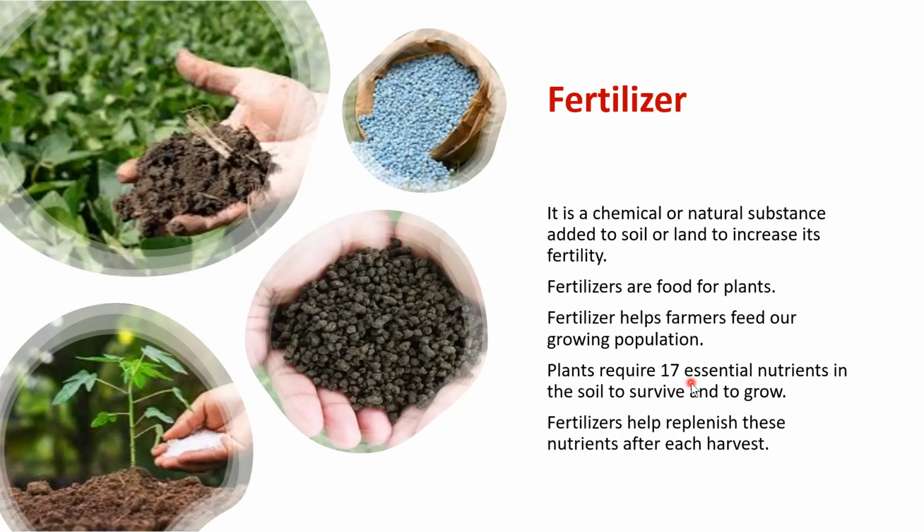Out of these, 14 are minerals and 3 are non-minerals, which can also be taken up from the atmosphere. Fertilizer helps to replenish these nutrients after each harvest, because we are removing nutrients from the soil in the form of product or agricultural commodity. So whatever is going out from the field, fertilizers are basically there to replenish that amount.